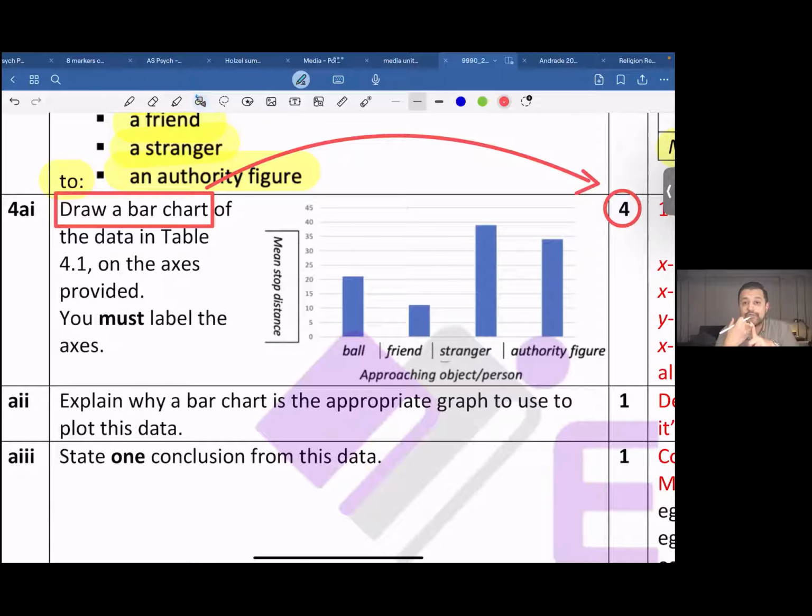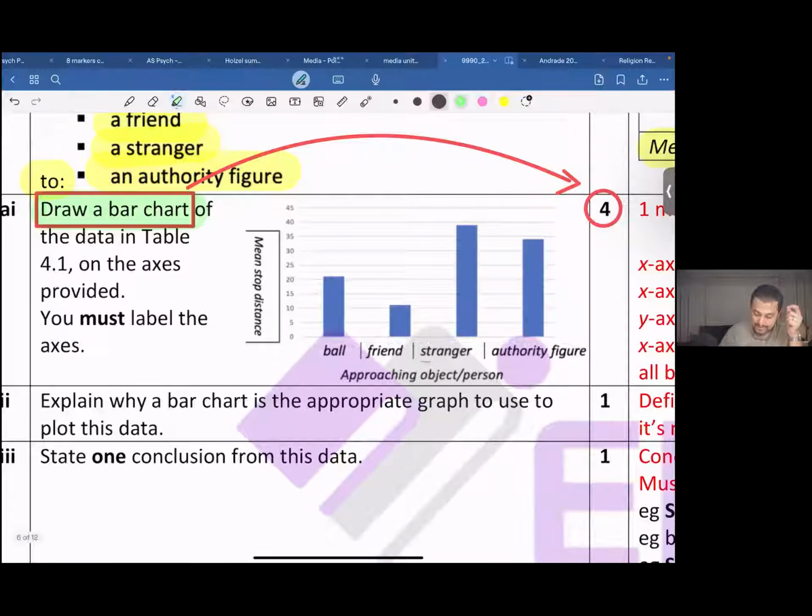Questions on graphs are typically easy, but I wonder why many students end up getting confused. Instead of drawing a bar chart, they'd end up drawing a histogram. Scatter graph is again different, but many students do get confused between bar charts and histograms. Avoid that.